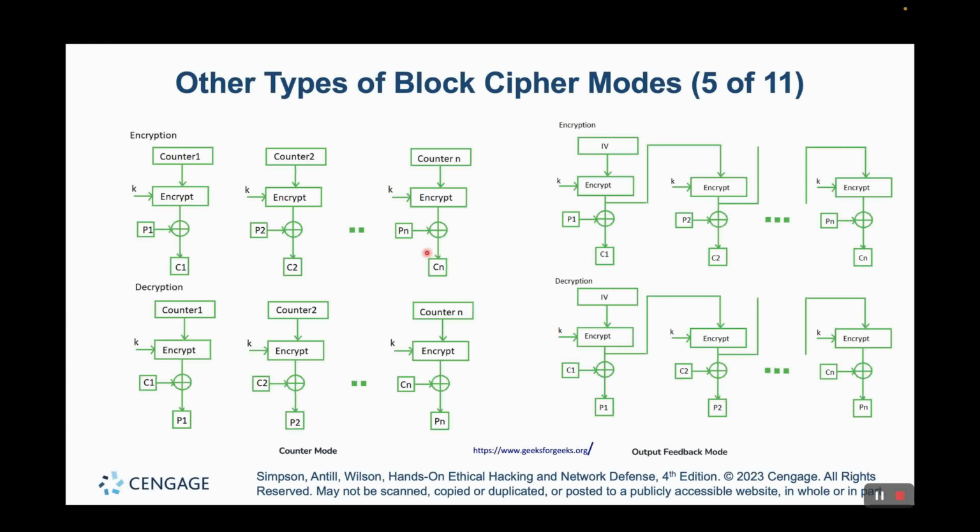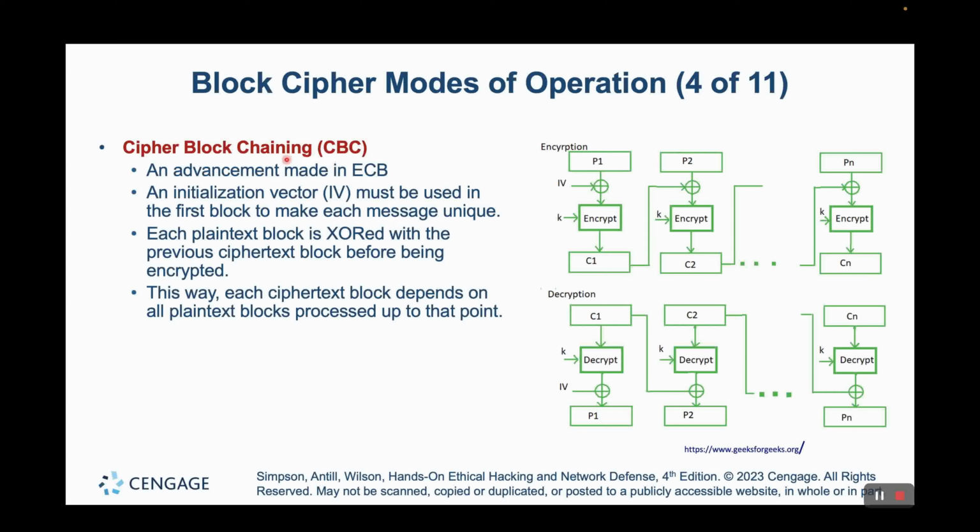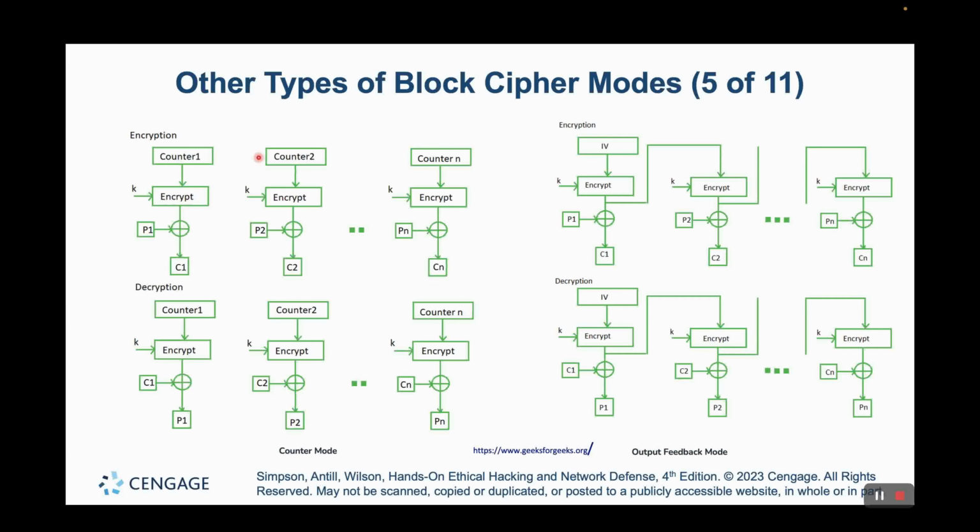For example, the ECB, the first one we discussed, is typically used for small amounts of data, like a password. While the CBC, Cipher Block Chaining, is used for larger amounts of data, and the counter one here is often used for streaming applications, such as network traffic.